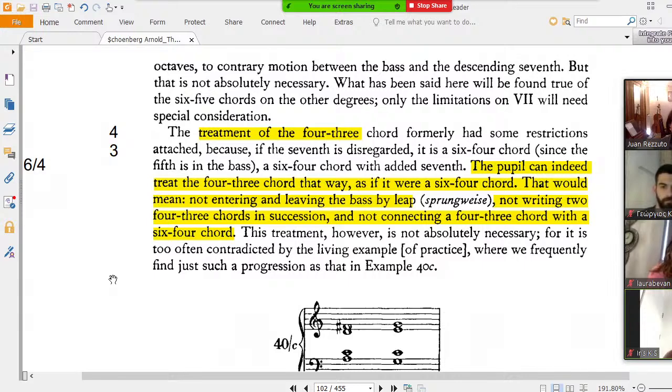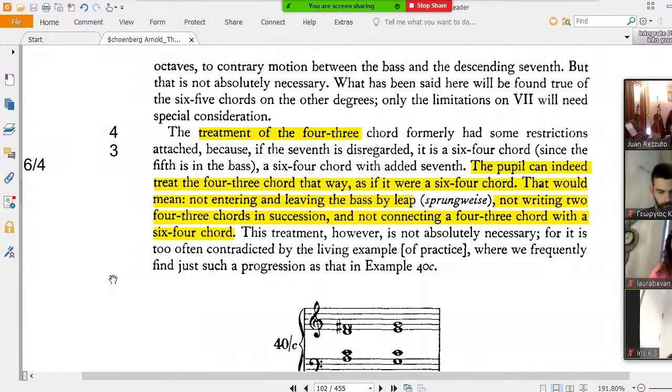So the treatment of the 4-3 chord formerly had some restrictions attached, because if the 7th is disregarded, it is a 6-4 chord, since the 5th is in the bass. When we were using triads, the 6-4 chord, here a 6-4 chord with an added 7th.